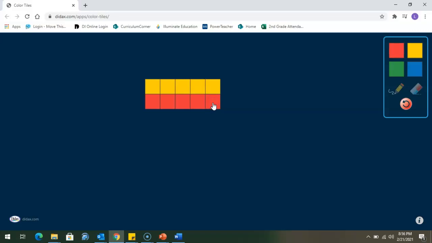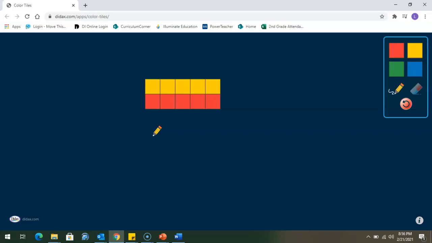So, how many rows did we make? This is a row. This is a row. Yes, 2 rows. How many tiles are in each row? Yes, 5, boys and girls.